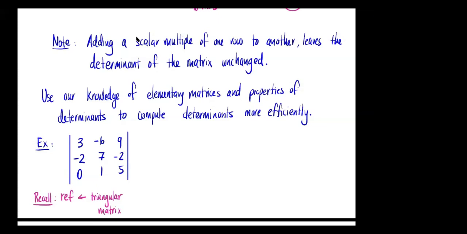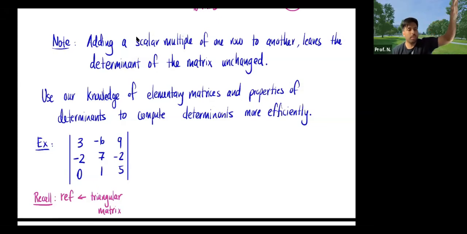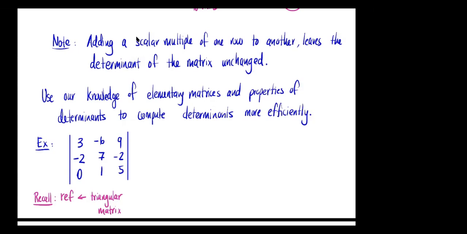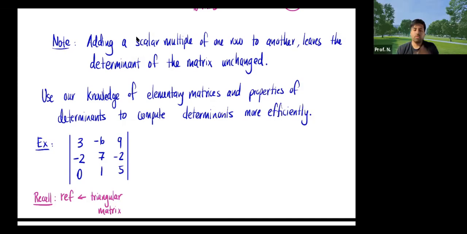And then once you have that matrix in row echelon form, not row reduced, it's a triangular matrix. And how do you find the determinant of a triangular matrix, whether it be upper or lower? The diagonal, multiply it. Right. So we avoid the whole cofactor expansion, which is multiple determinants being found at once.